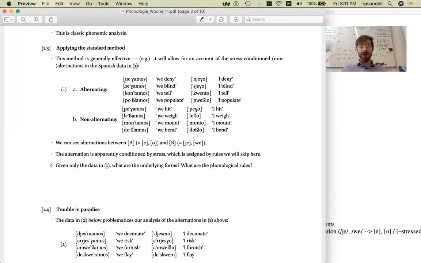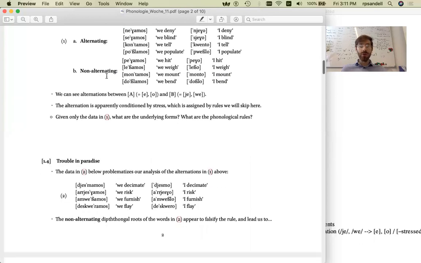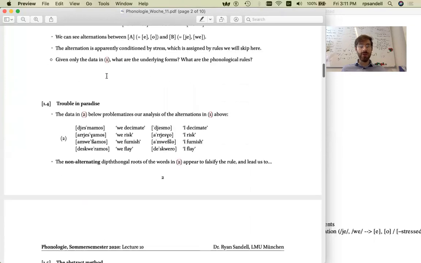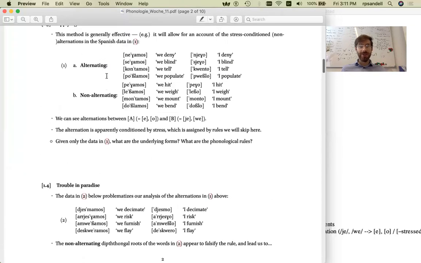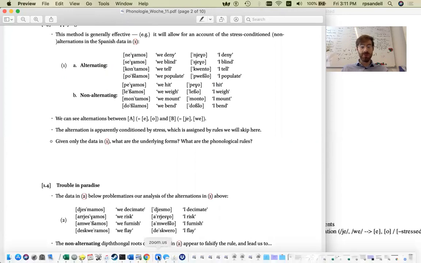So either possible logical analysis for the alternating cases will create incorrect results. So I'll leave you in suspense for a minute, and when we return, we will look at a potential abstract solution to this problem.